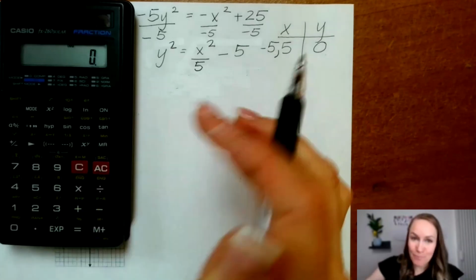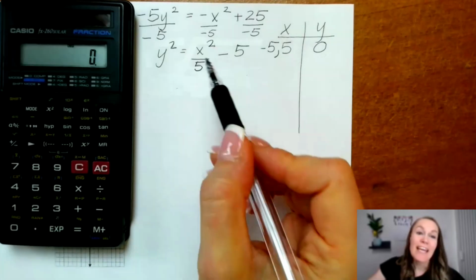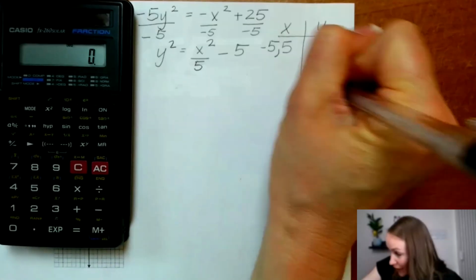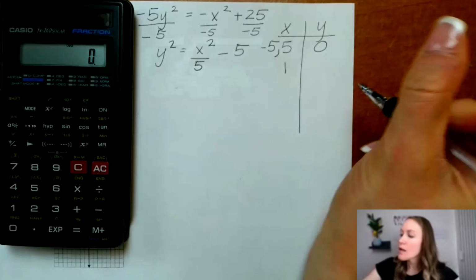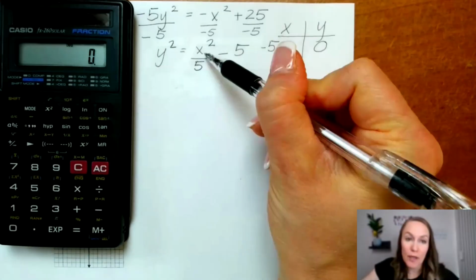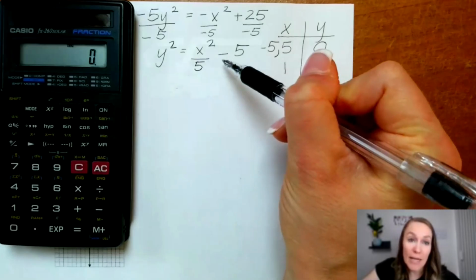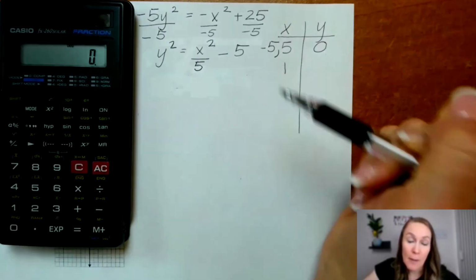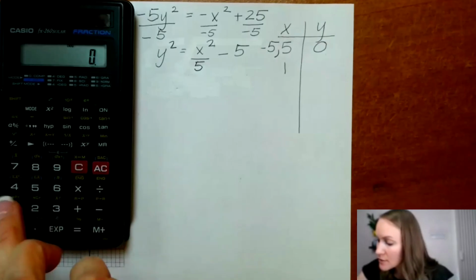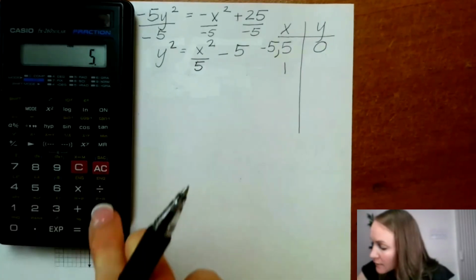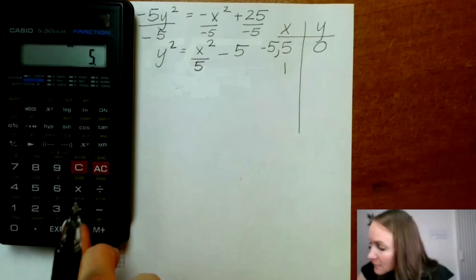and estimate our points. So if I wanted to plug in 1 for x, that would mean I would square 1. So then I'd have 1/5 minus 5. I can plug that into my calculator, 1/5 minus 5.